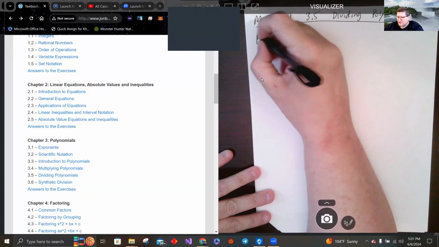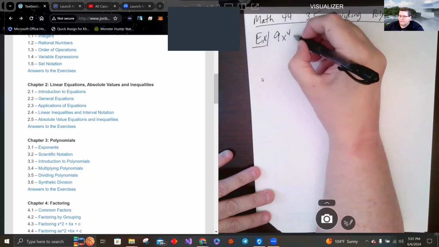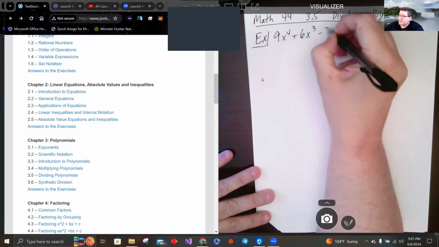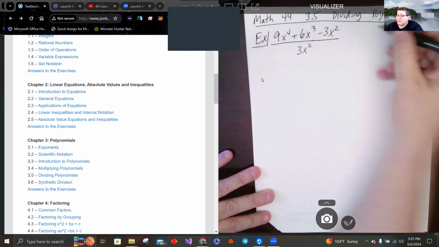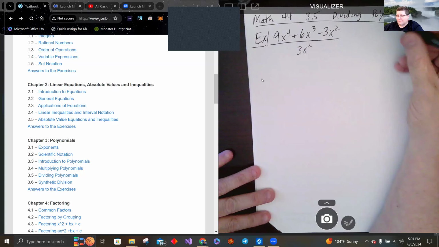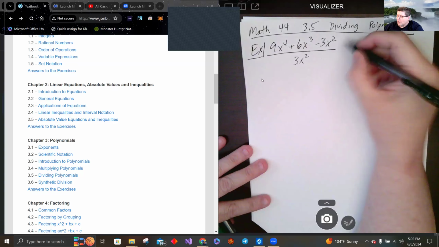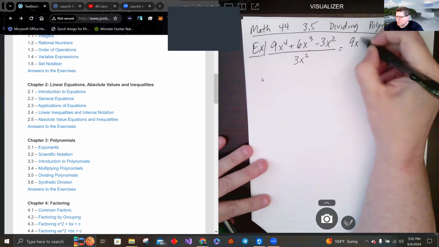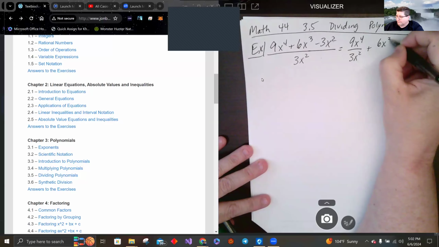So I think it's easiest to just go straight into examples. If I have 9x to the fourth plus 6x cubed minus 3x squared over 3x squared, I'm dividing this polynomial by this monomial. What we're really doing is breaking this up into a bunch of smaller fractions.